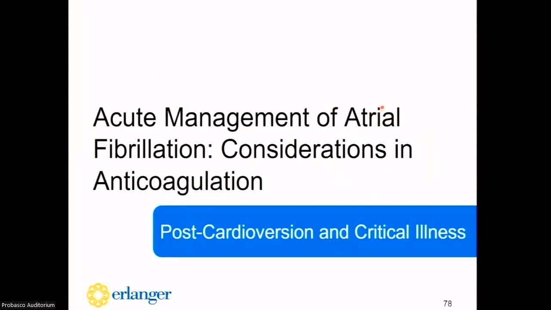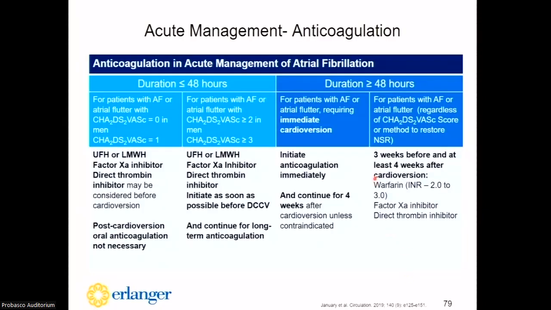So transitioning into our final section, looking at considerations in anticoagulation, post-cardioversion, and critical illness. As far as acute management, considerations for anticoagulation, you're going to base this mainly off of the duration of atrial fibrillation at presentation.